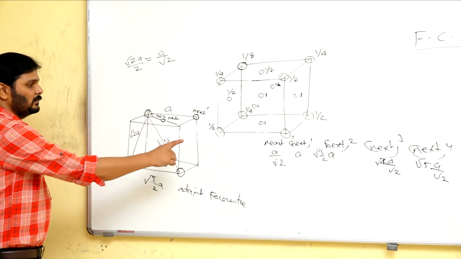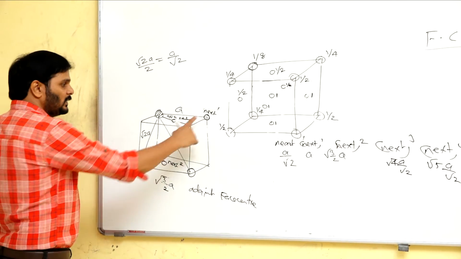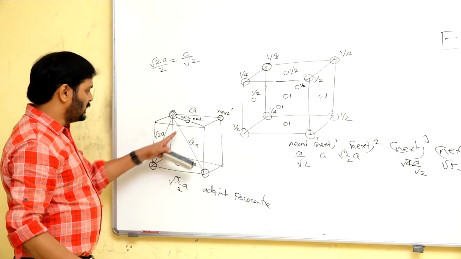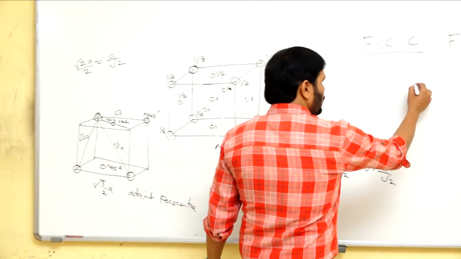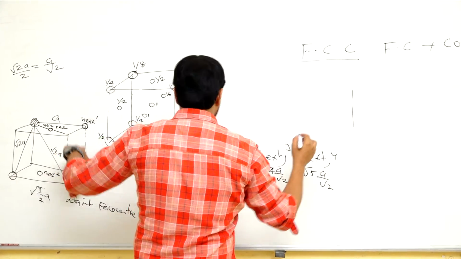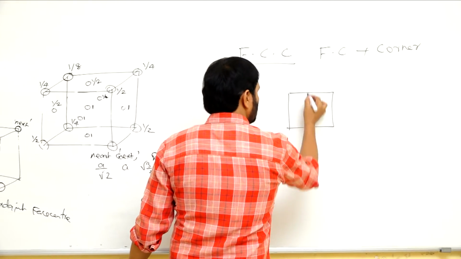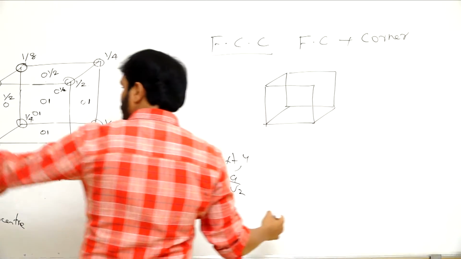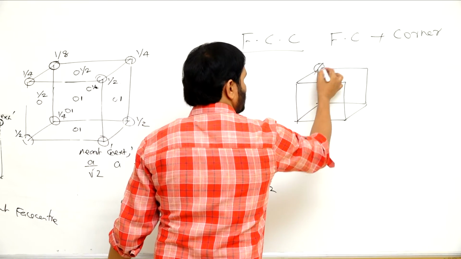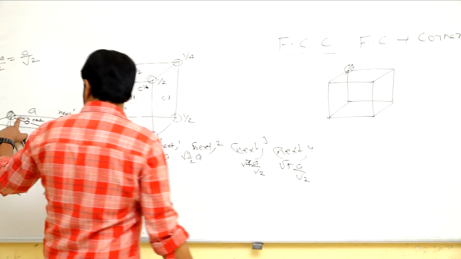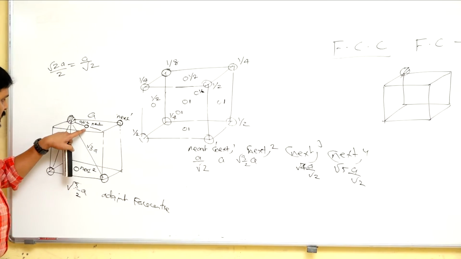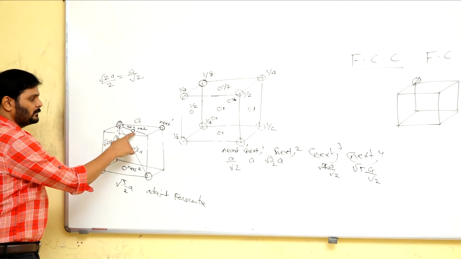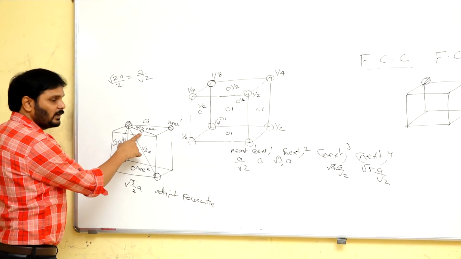So now the coordination numbers, or neighboring atoms, are required for this. So I am taking all these things again first. For this atom I am going for the nearest atom, first nearest atom. Now this is a reference point. To this reference point, the nearest atom is this. This is a face diagonal.